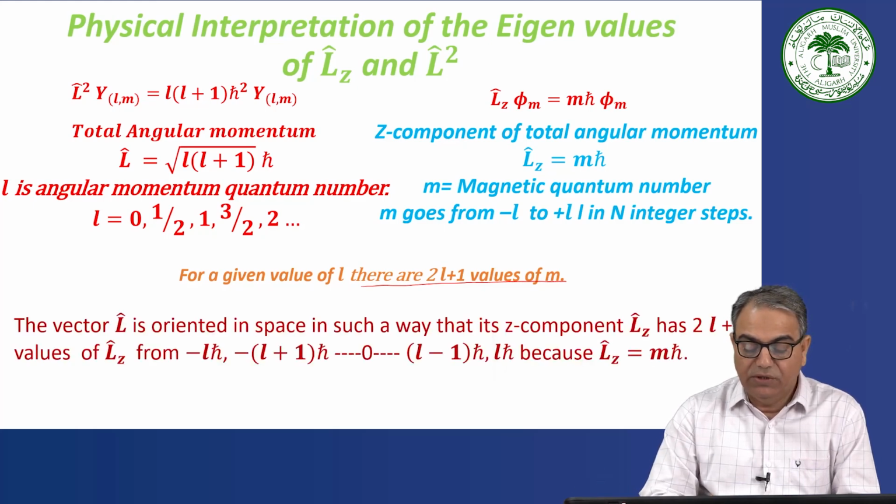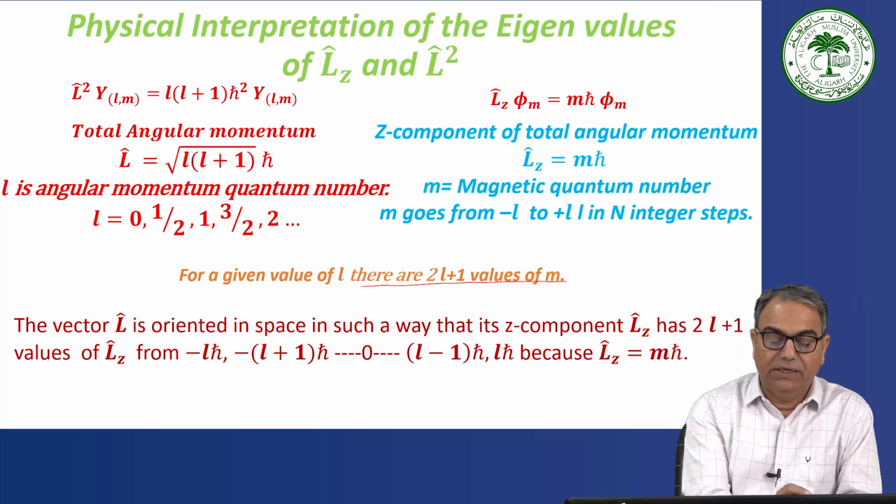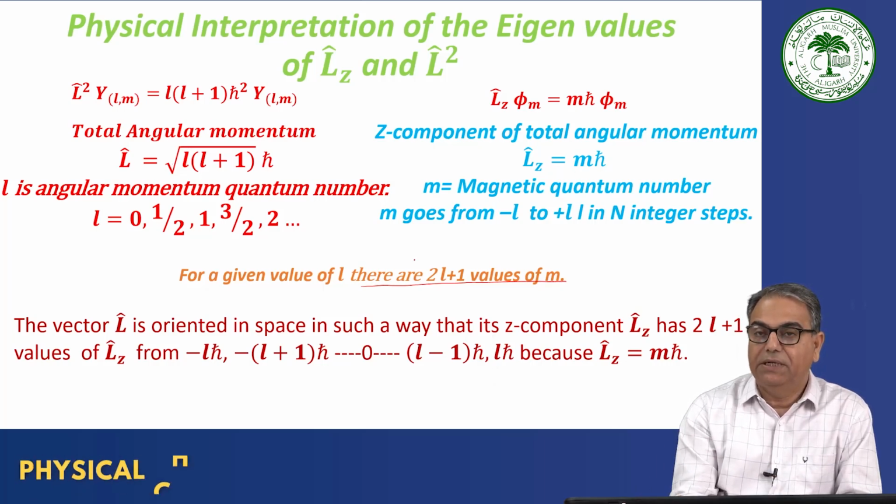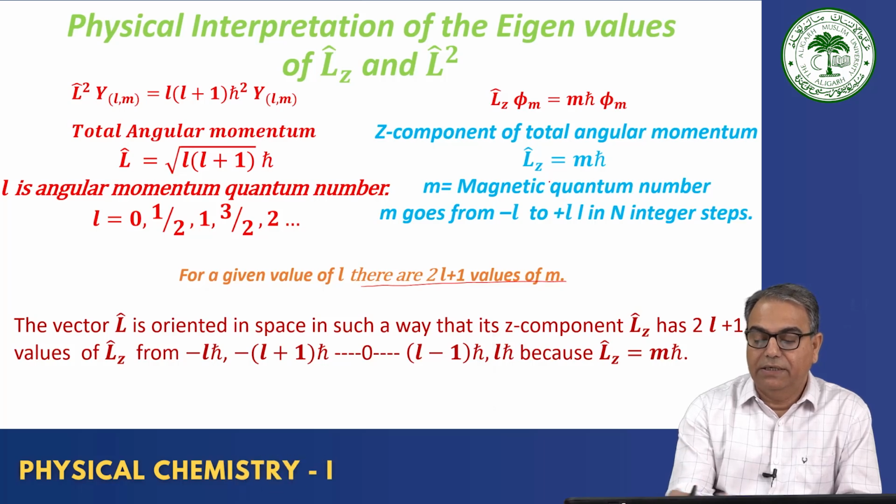The vector L is oriented in space in such a way that its z component Lz has 2L plus 1 values. This is very important, because the small l and m are not independent, they are related to each other.